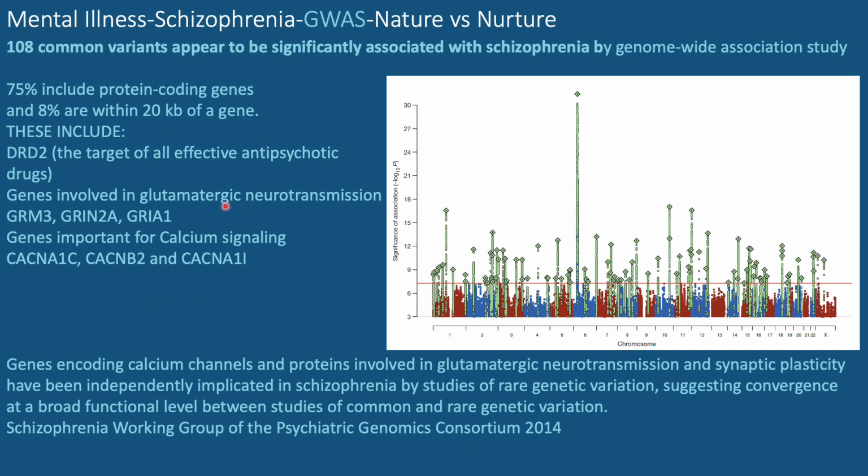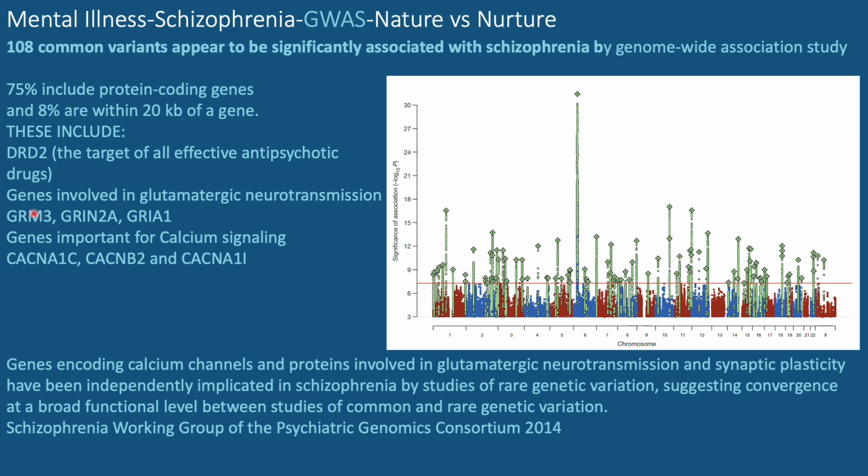Among the variants, there are important factors that we know are essential in the central nervous system. DRD2, for example, the receptor for dopamine, an important neurotransmitter affected in schizophrenia. Among the variants, there are also important glutamatergic neurotransmission genes.